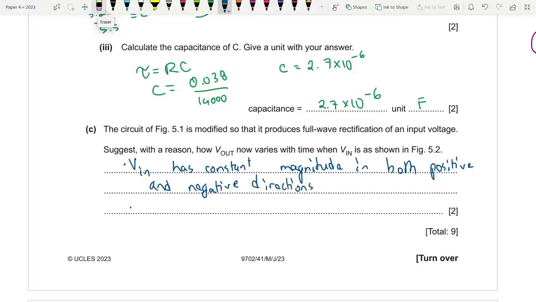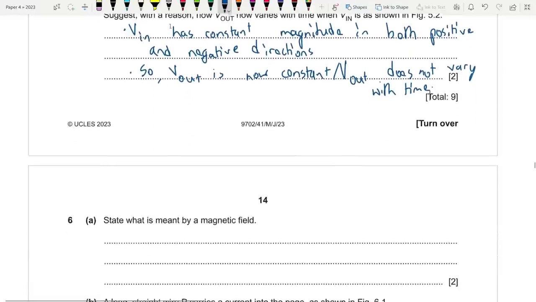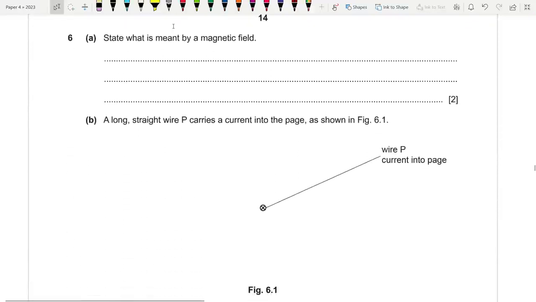Also, V out is now constant. Either you can say that it is now constant, or that V out no longer varies with time. Fine, that is it. Moving on to question number 6.